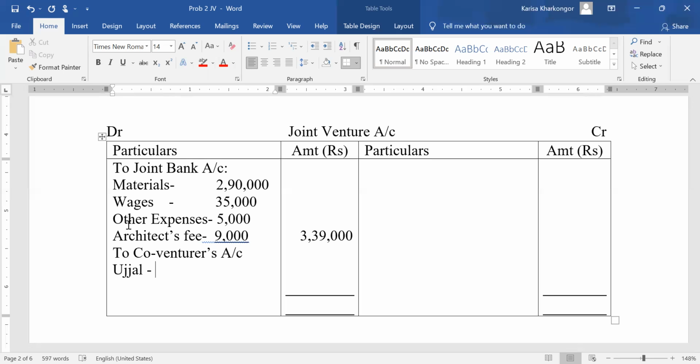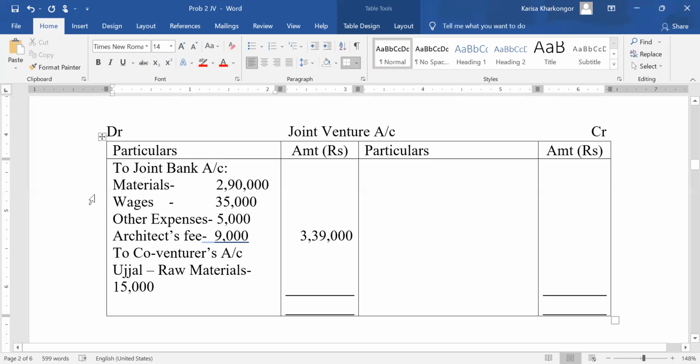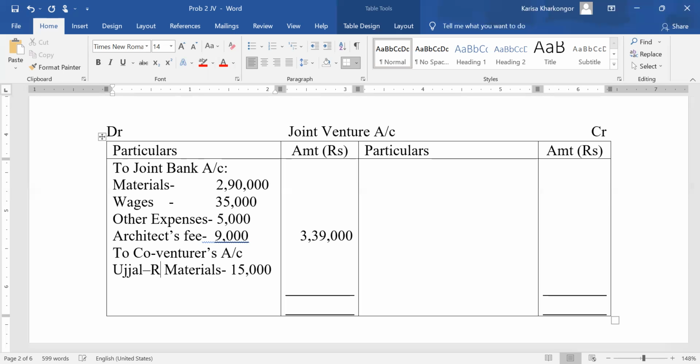Ujjwal supplied raw materials amounting to rupees 15,000.